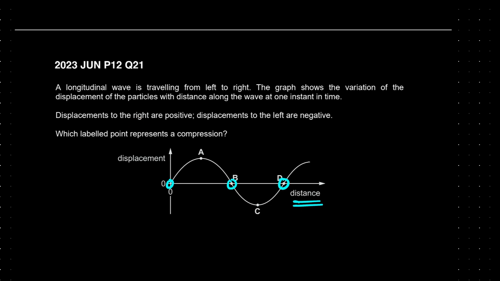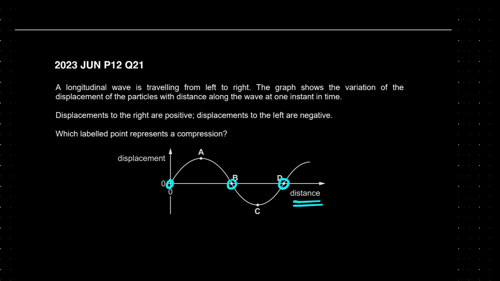Because if it's displaced to the right, then it's going to be positive. If it's displaced to the left, these are negative. But at compressions, the idea is that the displacement on a displacement distance graph would be 0, right? There would be no such displacement here. So if we look at this one, it must be either B or D.